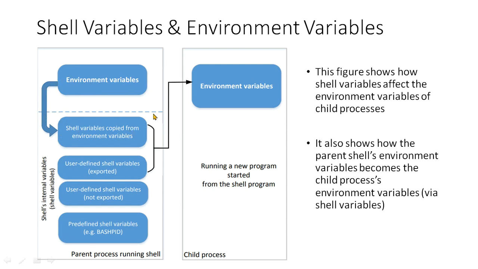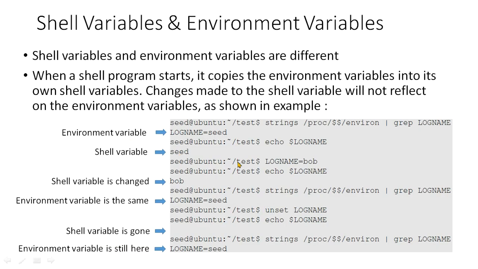And when a shell runs, it can only change shell variables. It cannot change environment variables. So you see that in the previous process, when we run a program, we have a LOGNAME here, also seed, because the environment variables of this process were copied into the shell variables.